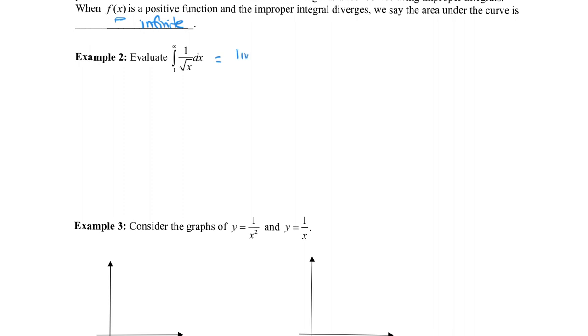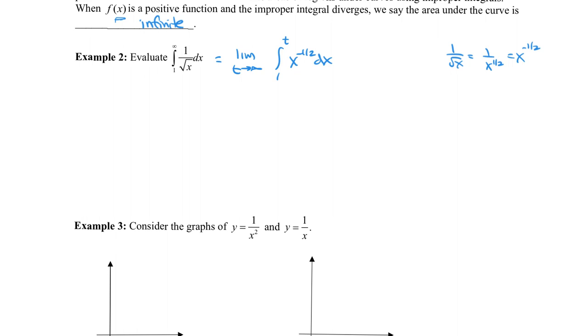I'm going to take the limit as t approaches infinity, 1 to t, and then I'm just going to rewrite that integrand: 1 over the square root of x is like 1 over x to the 1/2, right? But if I want to use the power rule on this, I'm going to write it as x to the negative 1/2. So let's write this as x to the negative 1/2 dx, because then it's ready to go.